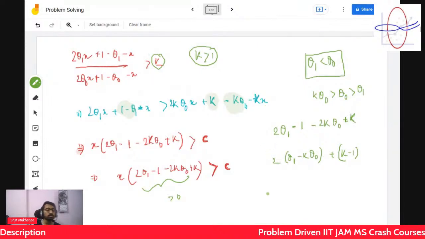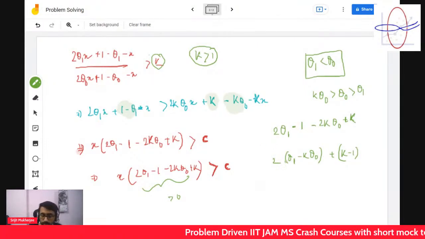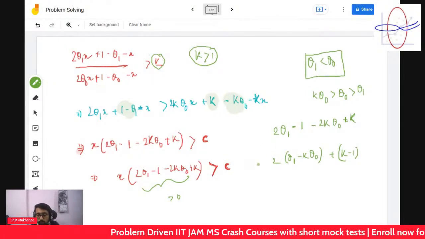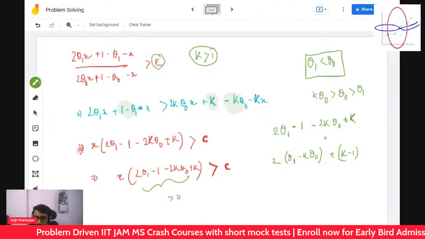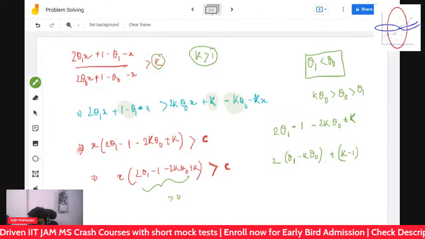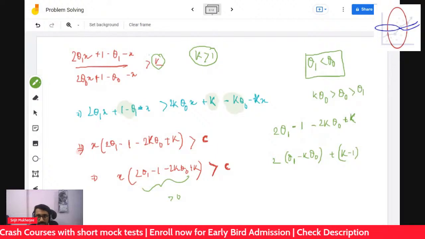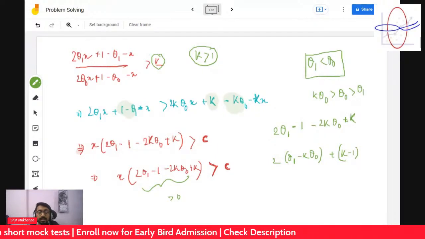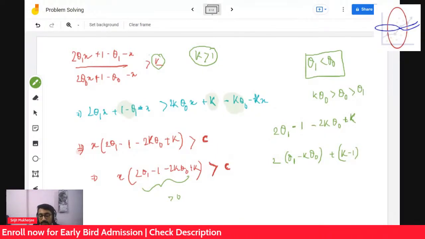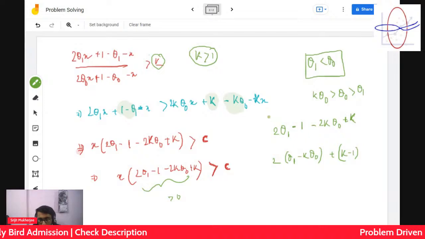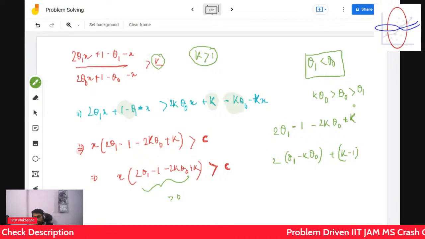So anyways, for whatever values of theta, this is the rejection region. So tell me, what do you think? This is becoming a bit more confusing. Yes. So depending upon the value of k, it is determining the output. What do you think, guys?